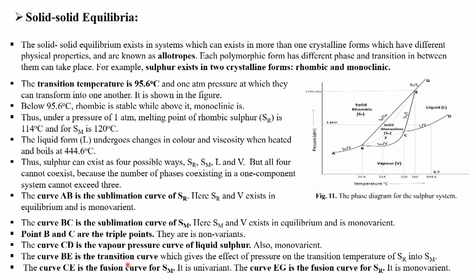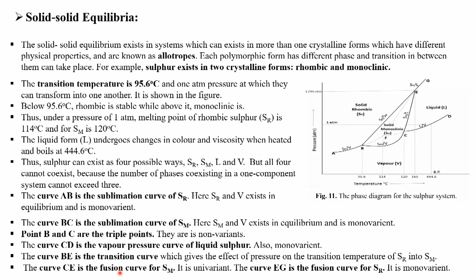The curve BE is the transition curve which gives the effect of pressure on the transition temperature of SR and SM. We are plotting pressure and temperature here.